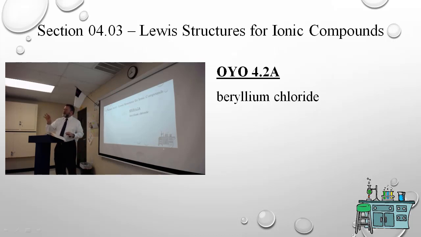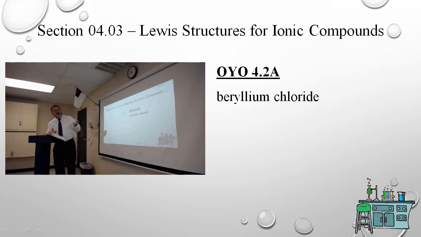For right now, the shortcut for us is we can determine how many valence electrons it has. If it's in columns 1A through 8A, all the A columns, we can determine the valence count by the column that it's in. So we're going to locate both beryllium and chlorine on the periodic table, find out where they sit, and if they're in A columns, we know how many valence electrons they have.